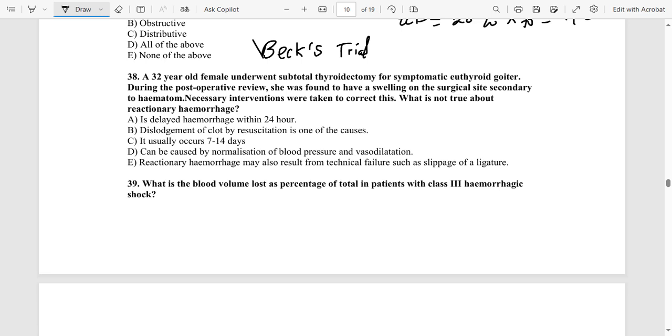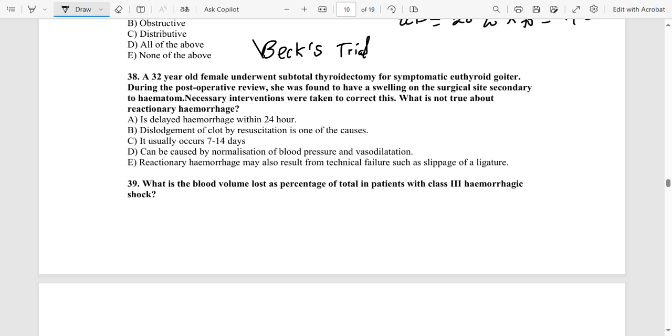So vessels that were initially constricted during hypotension may end up bleeding when the BP normalizes. So can be caused by normalization of BP and vasodilatation, that one is true. After you have this injury, or maybe after the surgery there's some form of loss of blood and then the BP has dropped.